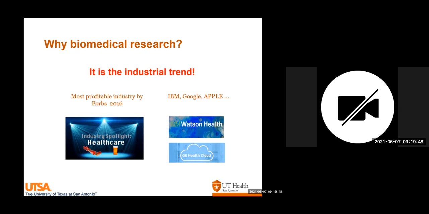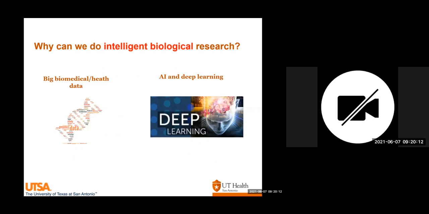So a lot of these big companies put a lot of emphasis on healthcare, and you notice that some of the big names that I noted here are not really healthcare companies. They are data companies, AI companies, including IBM, Google, and Apple. They play a significant role in this market. So the question here is, you might wonder, can we really apply AI in biology, or do so-called intelligent biological research, right?